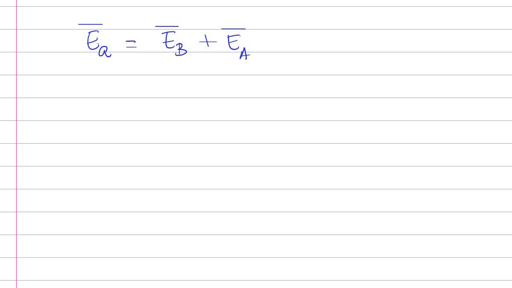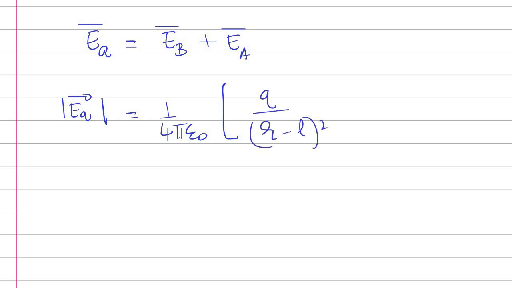Of course, for the magnitude, we are not worried about the direction at the moment. That would be equal to the sum of the magnitudes. So it would be 1 by 4 pi epsilon 0, Q upon R minus L the whole square, plus, oh no, minus Q upon R plus L the whole square.